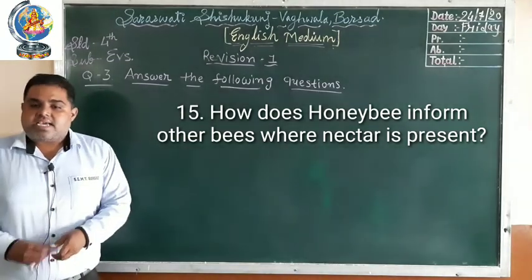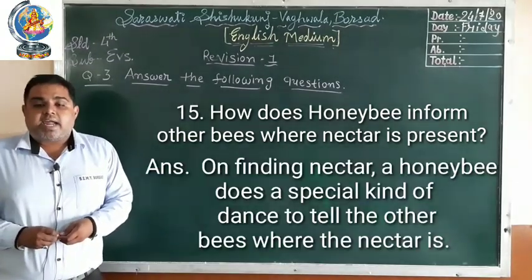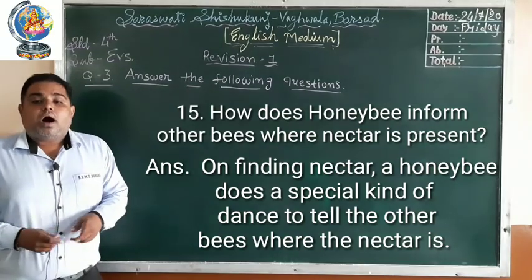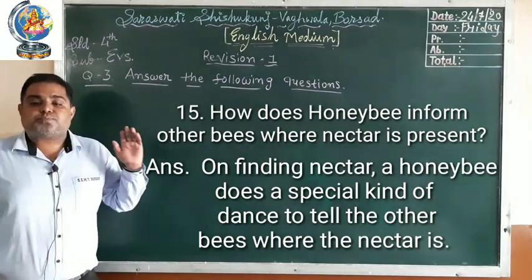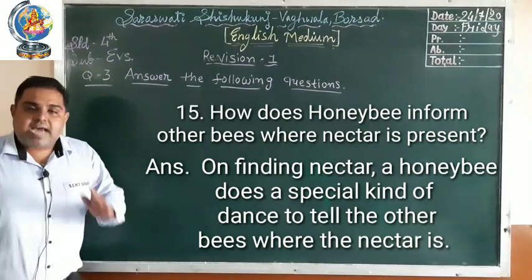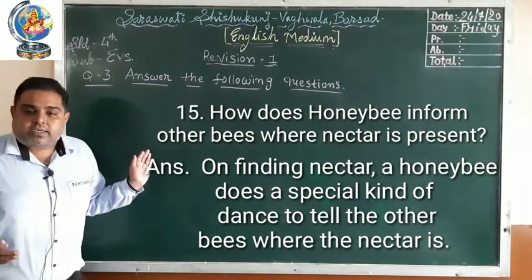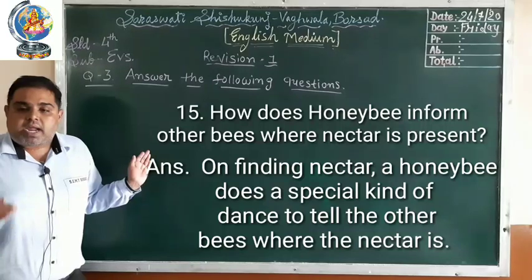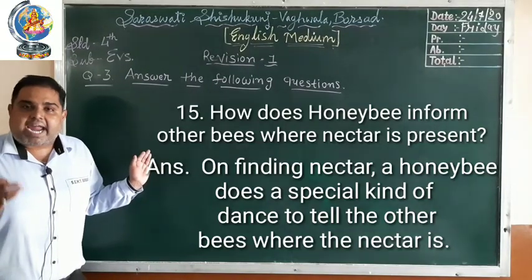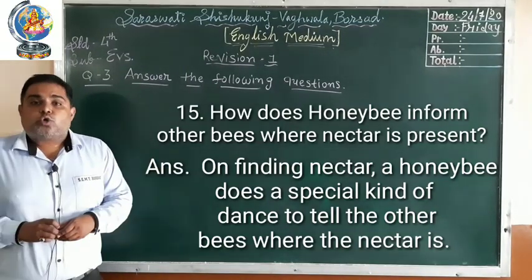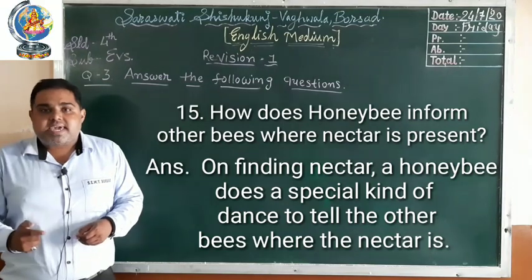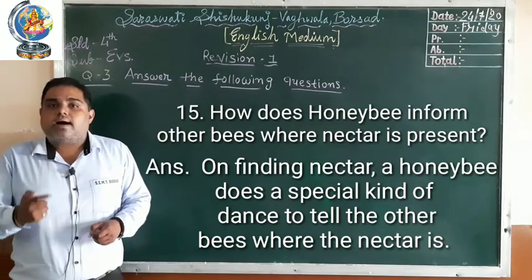So the answer is, on finding nectar, a honeybee does a special kind of dance to tell the other bees where the nectar is.